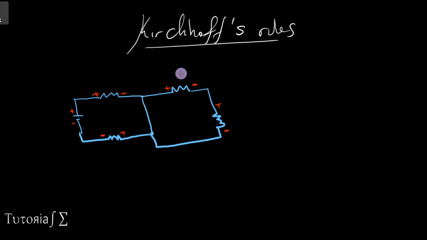Now, the next thing that I want to talk about is loops. A loop is basically a complete circuit like this where you are enclosed completely. So this is loop 1, completely enclosed. This is another loop which is also completely enclosed, and we put an arrow showing the direction of the loop.